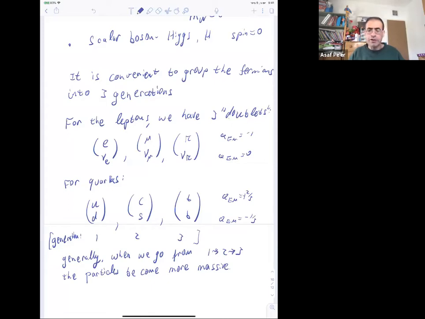Of course, the exception are the neutrinos, which in the classical standard model are massless. Today, we know they are not massless, but they have a very small mass. But the origin of this mass is still not fully understood, but everything else pretty much follows this trend, which also means that the particles in the second and third generations are not stable because they can decay.